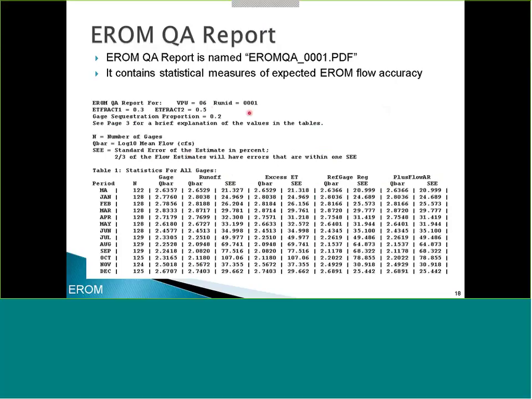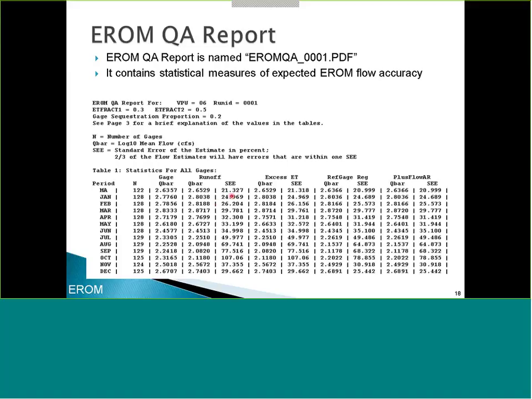It gives you some summary of the data used. It gives you the number of gauges where the QA is being done, and it uses log flows rather than the total flows for reporting purposes. This will show if there's a bias overall in the flow estimates, either high or low, compared to the gauge log10 flow.